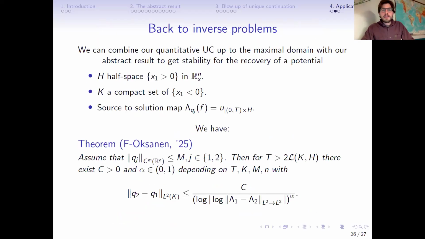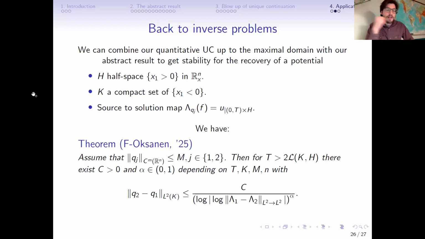And now going back to inverse problems, this can be used in a particular case to show that we have an exponential approximate cost of the approximate control. And going back to our abstract result, we can use it in the case of a half space to prove that for the inverse problem of recovering the potential, the stability is going to be log-log.